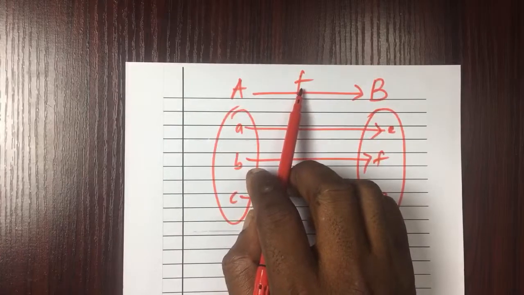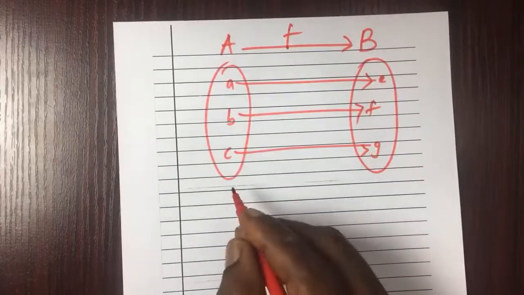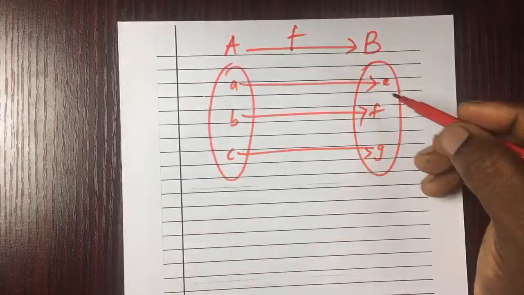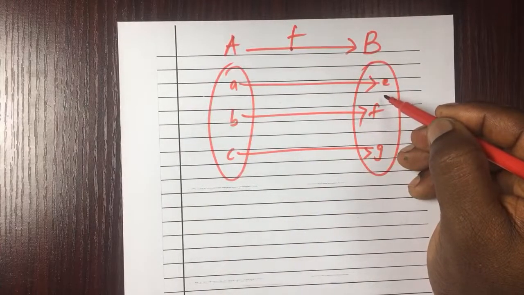And what is an ordered pair? In an ordered pair, we have elements in the domain coming first before the elements in the codomain to which they've been assigned.